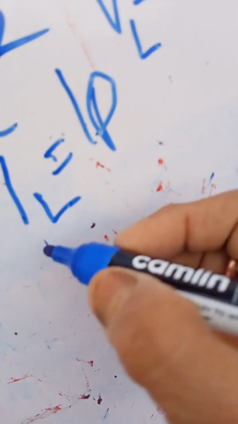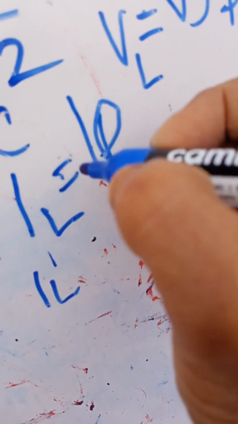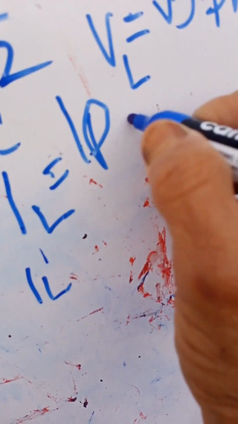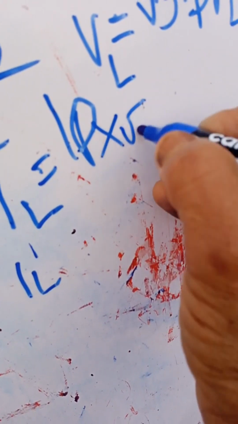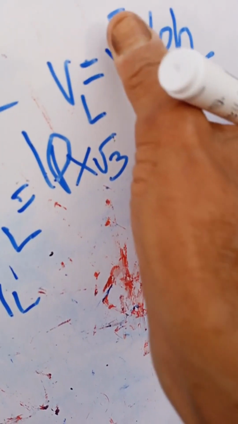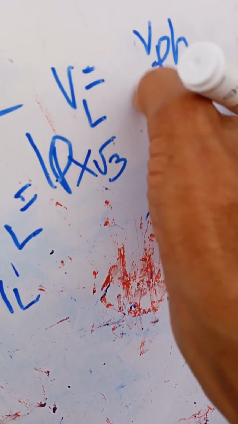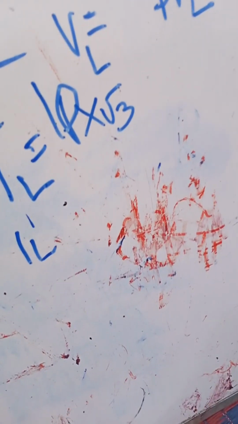In delta connection, IL is equal to √3 I phase, that means it is multiplied by √3 in delta, and VL is equal to V phase in delta. This is the difference between the delta connection and star connection.